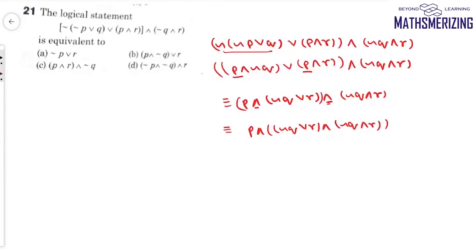Now I'll use the distributive law, but then I want to distribute this and. So what I'll do is I'll use the commutative property first.